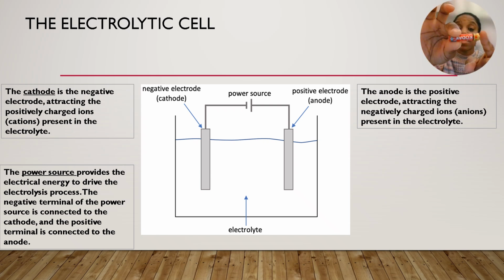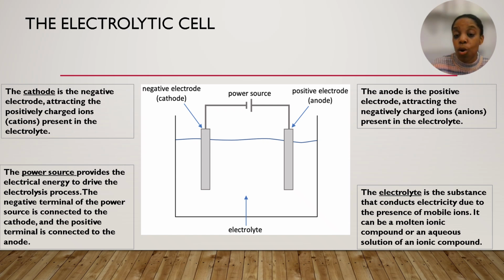The positive electrode, which is our anode, is connected to the positive side of our power source, and that gives that rod a positive charge. Both rods are suspended in the solution, which is our electrolyte.